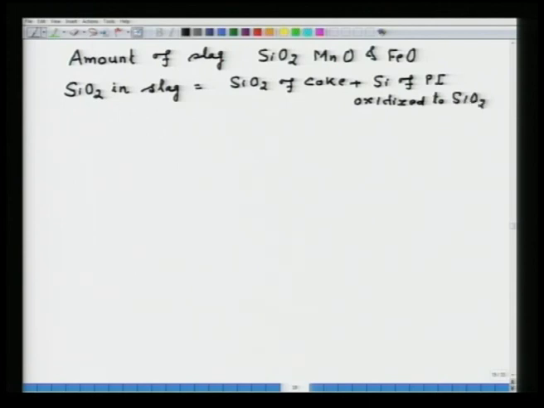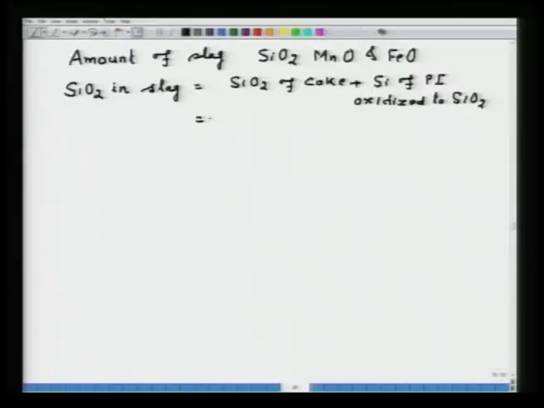And there is no other source from where SiO2 is entering the slag. If we calculate all these things, we get SiO2 in slag, that will come out to be 5.96 kg.